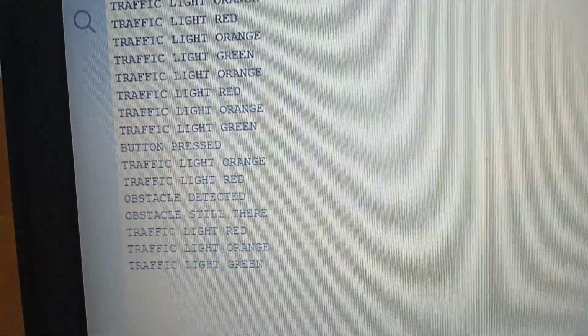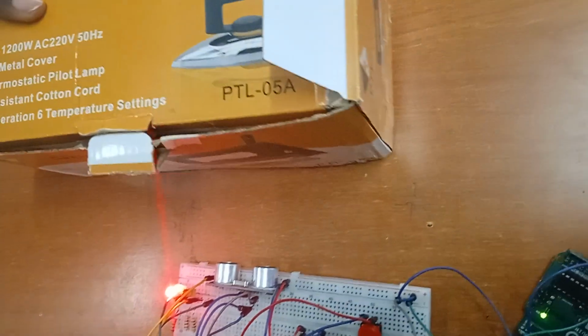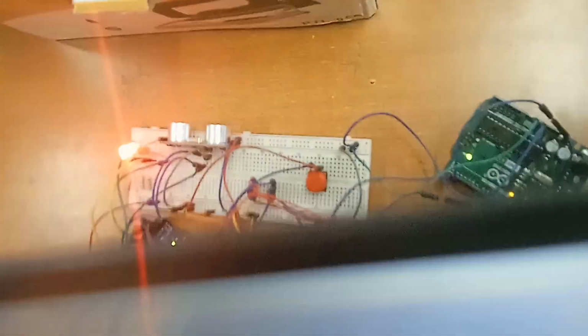In detecting whether an obstacle is there, it checks again for 10 seconds whether the obstacle is still there, which returns a message to the serial monitor showing that an obstacle is still being detected, which makes the red light stay on, so that any pedestrians still crossing are able to cross very safely. That's how it goes for the traffic light system.